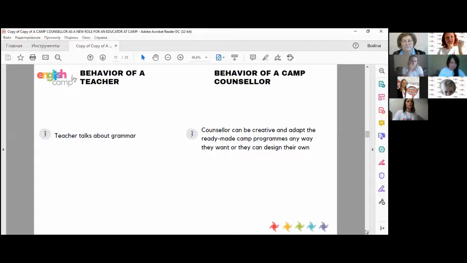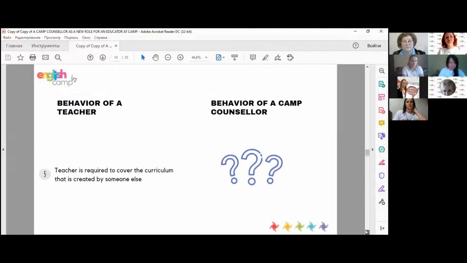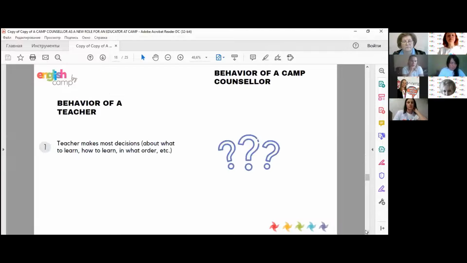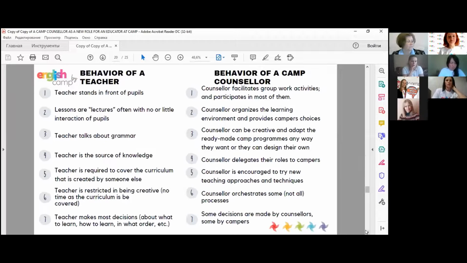So these are just a few examples, and unfortunately we don't have time to discuss all of them, but I have this slide for you, and I will send the PDF in the chat.